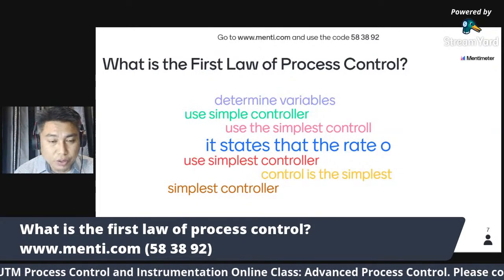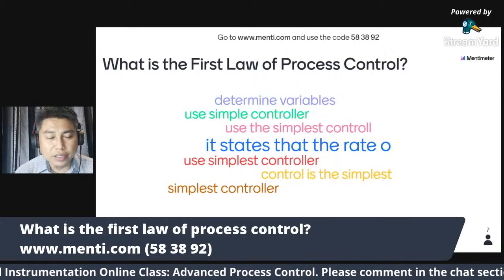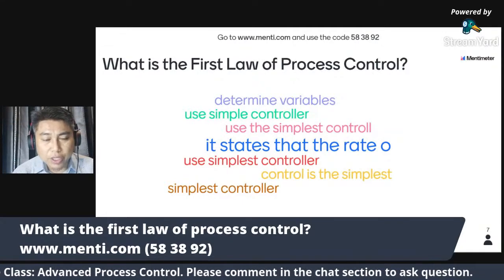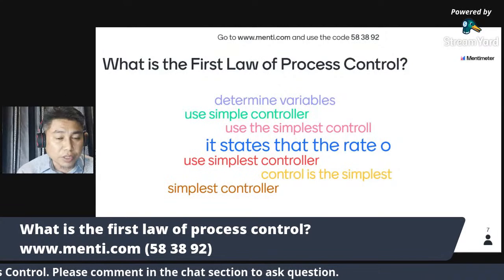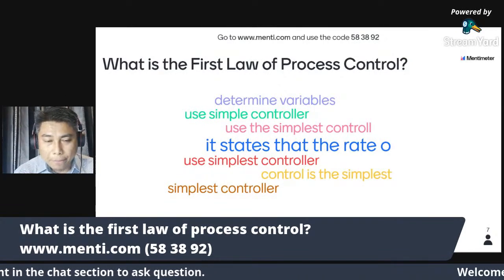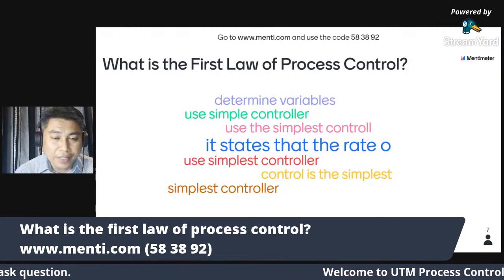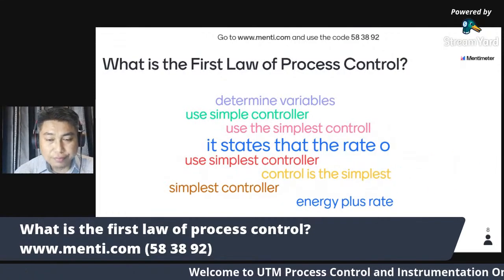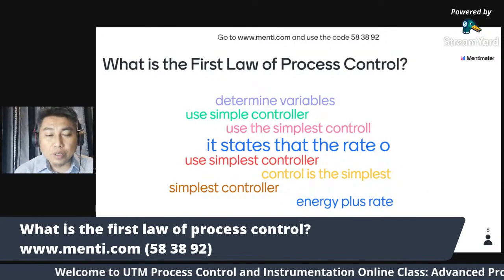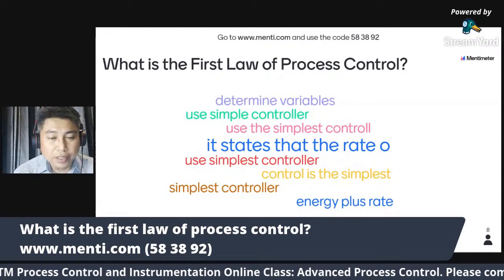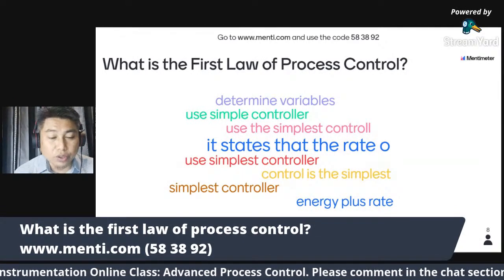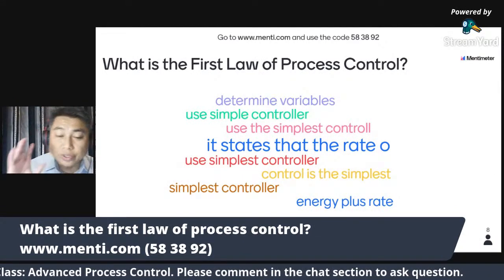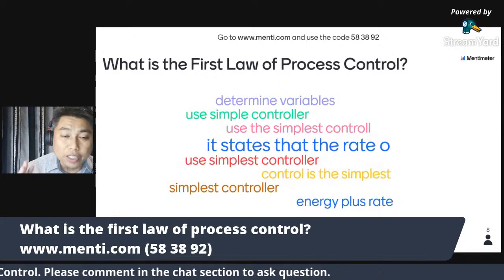If the performance of the simplest controller satisfies our control objective, then we can use it. If the simplest controller is the feedback controller, then that is the one we need to use.